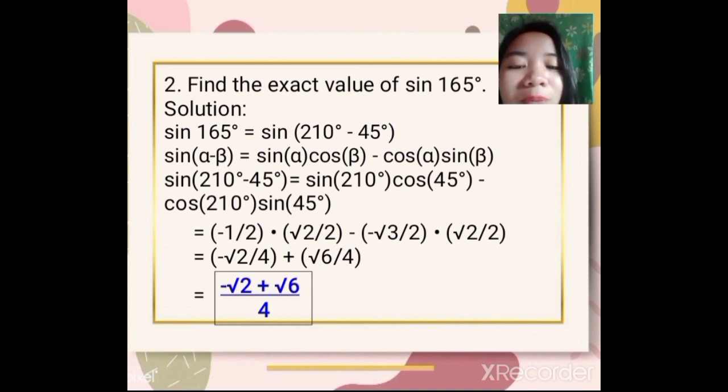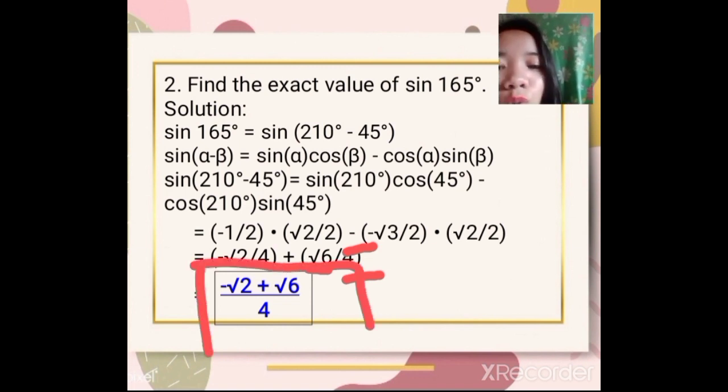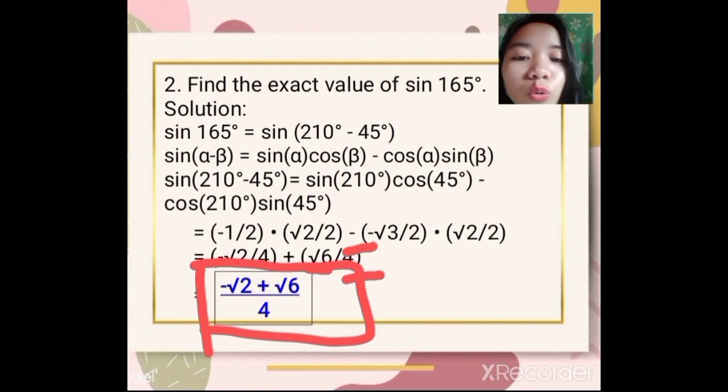It becomes positive because negative times negative is equal to positive. So we have square root of 3 times square root of 2, we have positive square root of 6. And 2 times 2, we have 4. So our final answer is equal to negative square root of 2 plus square root of 6 over 4.